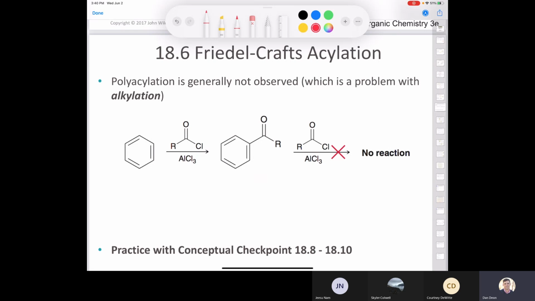Well, the one nuance that you have to have memorized is that once we install one acyl group, you're not going to get polyacylation. It's not going to happen. Polyalkylation was something that we saw, but polyacylation won't happen. Why? Because the acyl group serves to deactivate the ring toward further acylation.